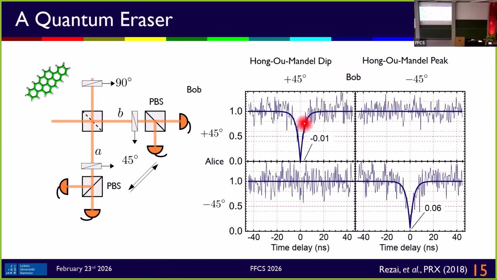So again, we realize once more that the interference is not happening at the beam splitter itself, but on the detector side, if we blank out, if we don't know where the photons are coming from. So this is a very special Hong-Ou-Mandel dip and also Hong-Ou-Mandel peak interference.